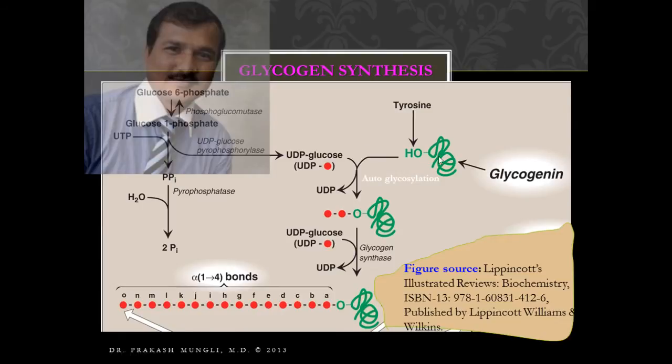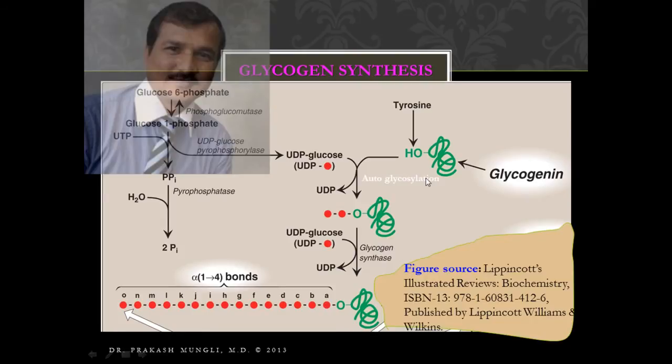Okay, so over tyrosine, UDP glucose is giving its glucose molecule, and UDP is released. So the glucose that is attached to tyrosine initially is coming in as UDP glucose, and UDP is released. The attachment of glucose to this tyrosine of glycogenin doesn't need any enzyme. It is an autoglycosylation process.